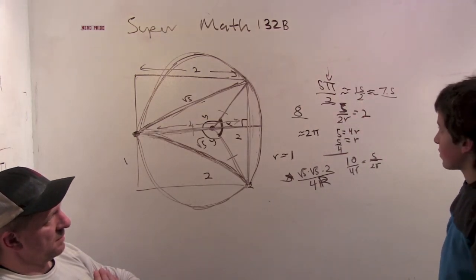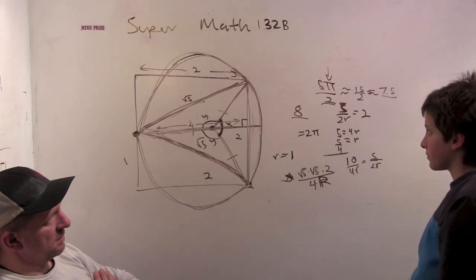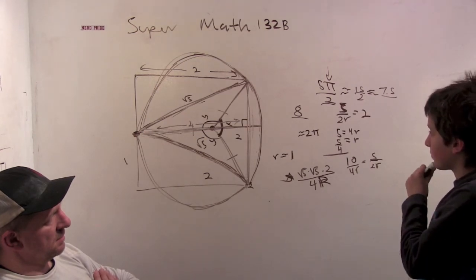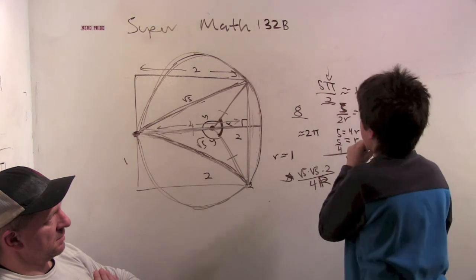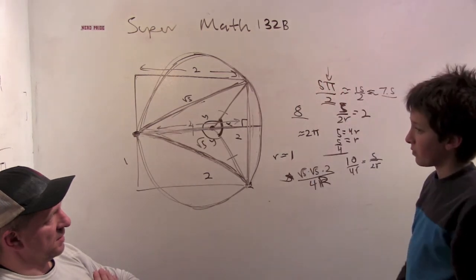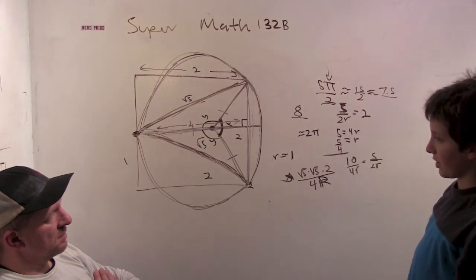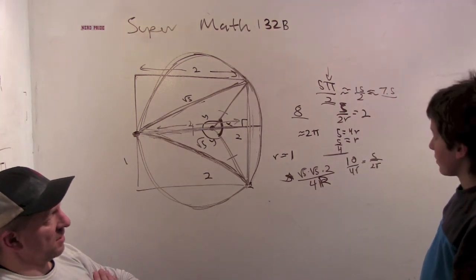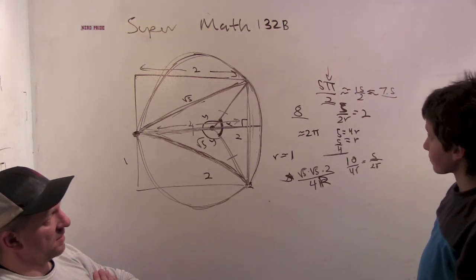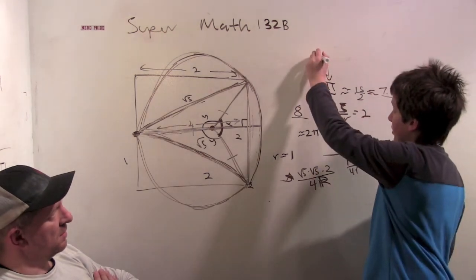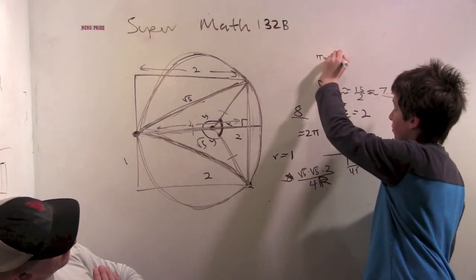But I'm rounding down, so this is a little bit bigger than 7.5. That's the problem. It's still a little bit bigger than 7.5. We'll say pi is 3.1.